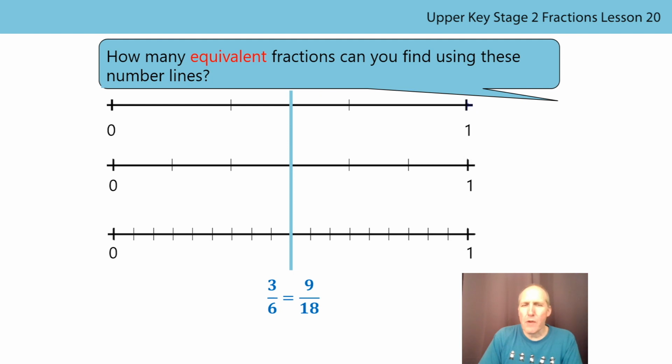Is there another fraction that we can see that those two are both equivalent to? Come on, shout it out to me. Louder. Yeah, that's right. It's 1/2, isn't it? A half is equivalent to 3/6 and 9/18. It's halfway between 0 and 1. We can see that quite clearly using our number line.